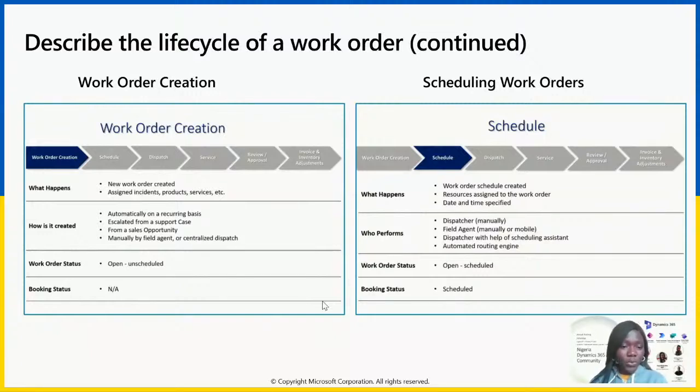So once it is opened, either by any of the things we've explained before, it comes to open unscheduled. Then once it moves from work order creation to schedule, what happens at that point? The work order schedule is created. You can assign somebody to it either manually, or through all of these other options.